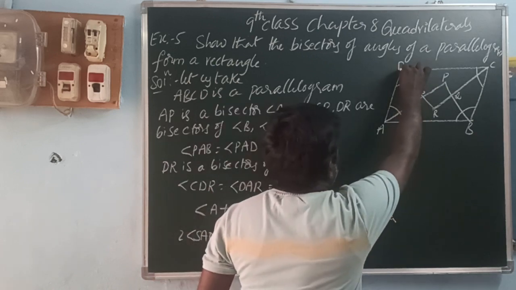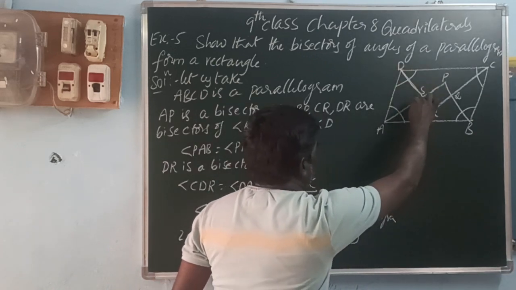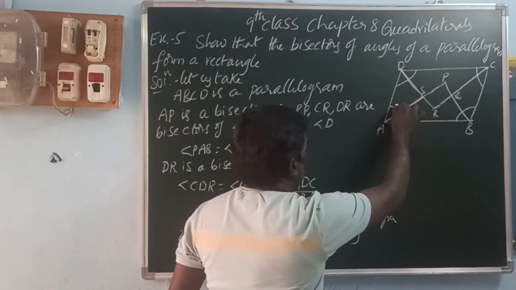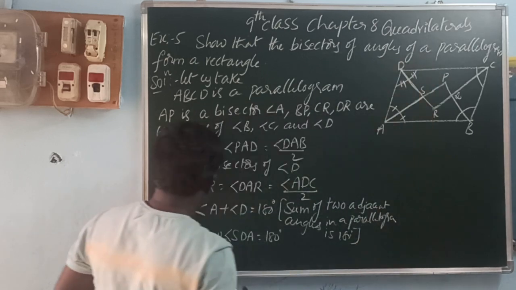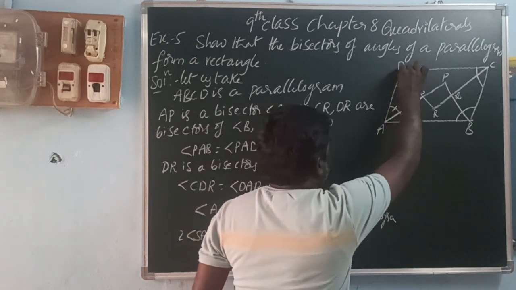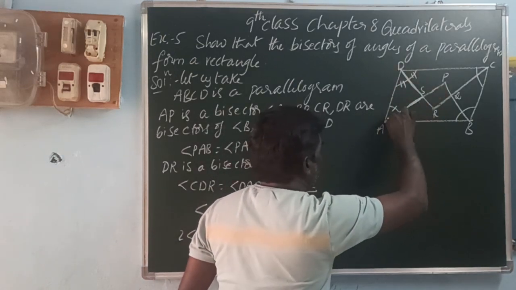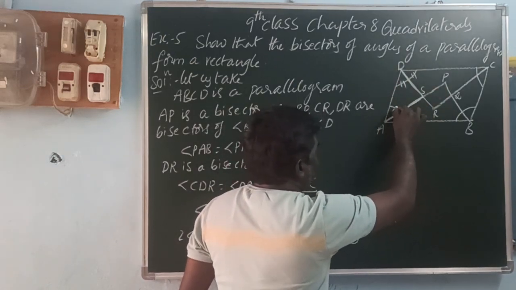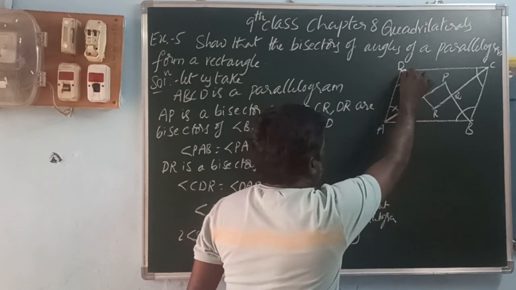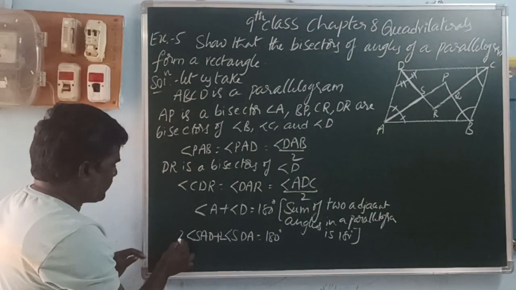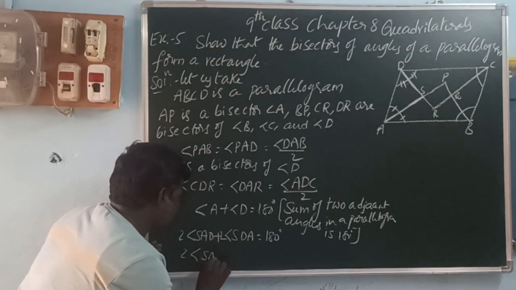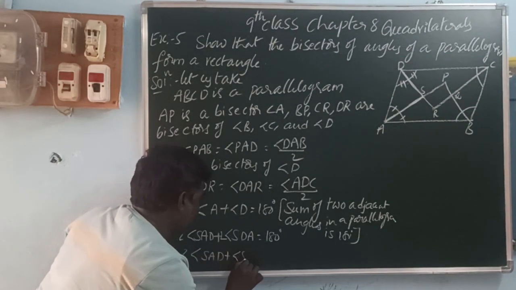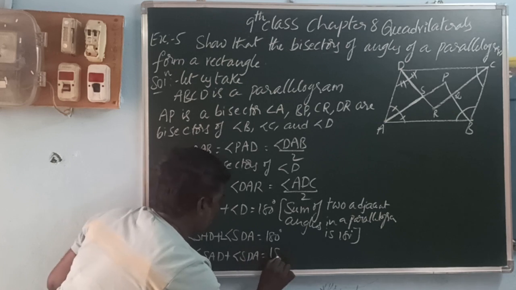So in triangle DAS, this angle is divided into two equal parts, and this angle is divided into two equal parts. So in triangle DAS, this angle is half of angle A, this angle is half of angle D. So 2 times angle SAD plus angle SDA is equal to 180.